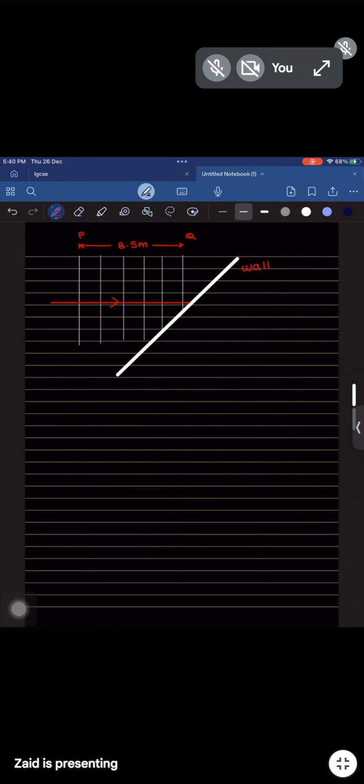Okay. So the figure shows compressions of the incident wave. Basically, this is a sound wave coming. Compressions of incident sound in the direction of wave travel.